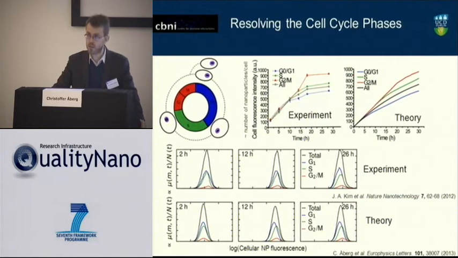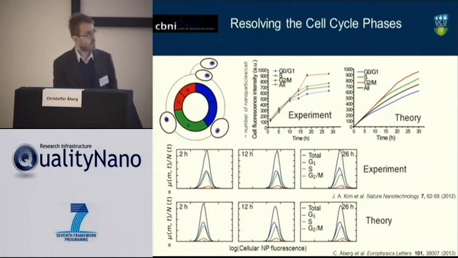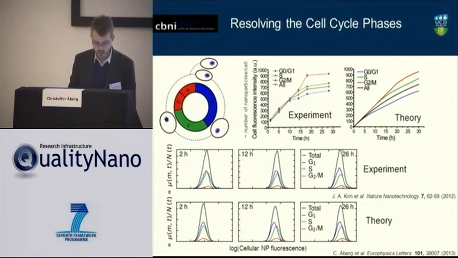And if you do the same kind of calculation from the model, you again get rather good agreement, both at the mean population level that you have here, but even going into the actual distribution. So the black line here would be the full population, whereas those other colors would be individual cell cycle phases. So we believe this model works rather well.